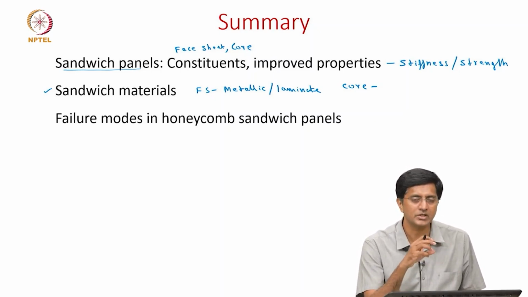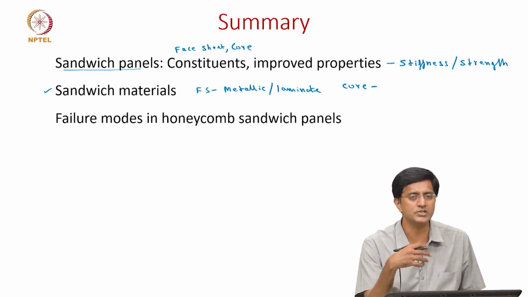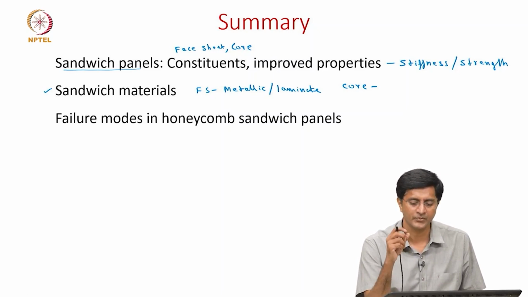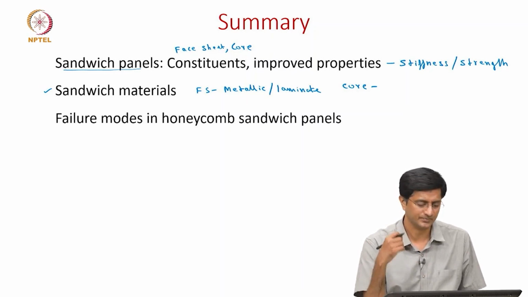The second is that we can have polymer foams, but in addition to polymer foams, these days people also use metallic foams because these are good in energy absorption. And lastly, we also discussed the honeycomb cores, which are very commonly used in the automotive and aerospace industry because of their extremely high stiffness and strength.